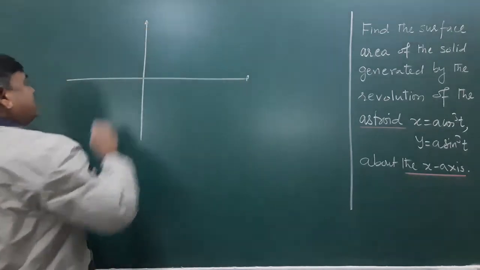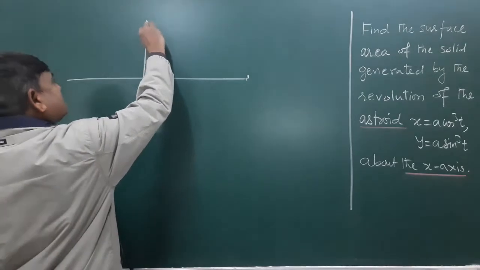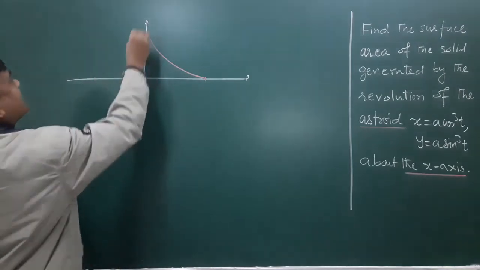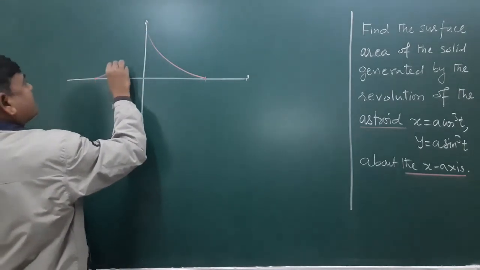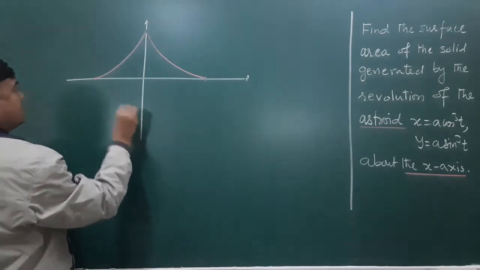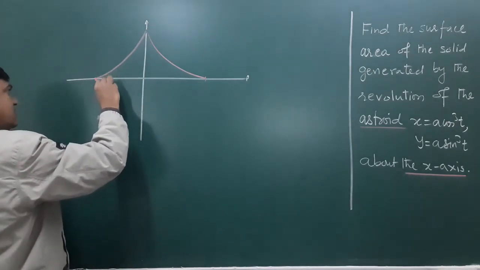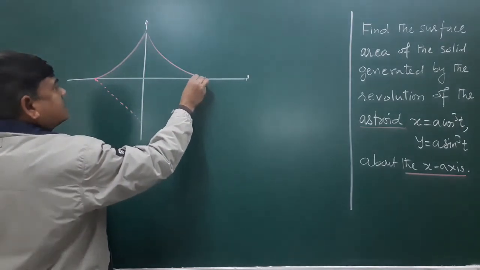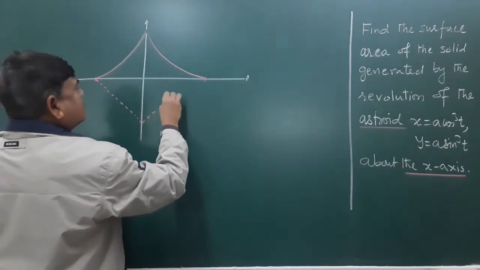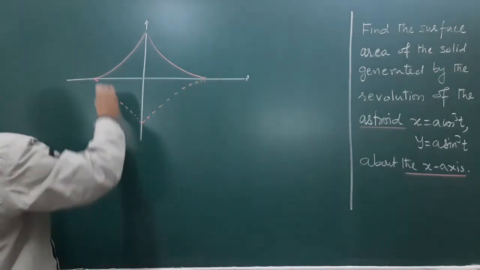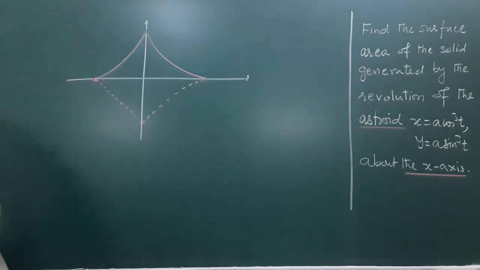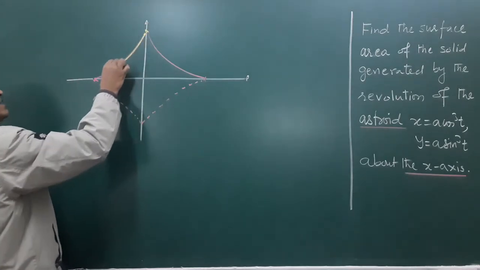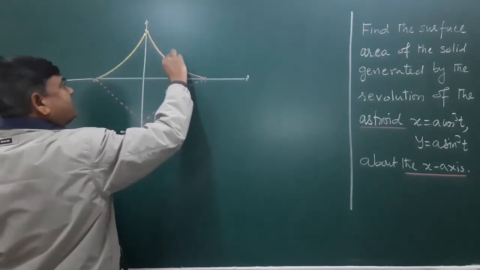People know the diagram of the asteroid. Just consider the dotted line. This arc, this one, this is the upper arc.